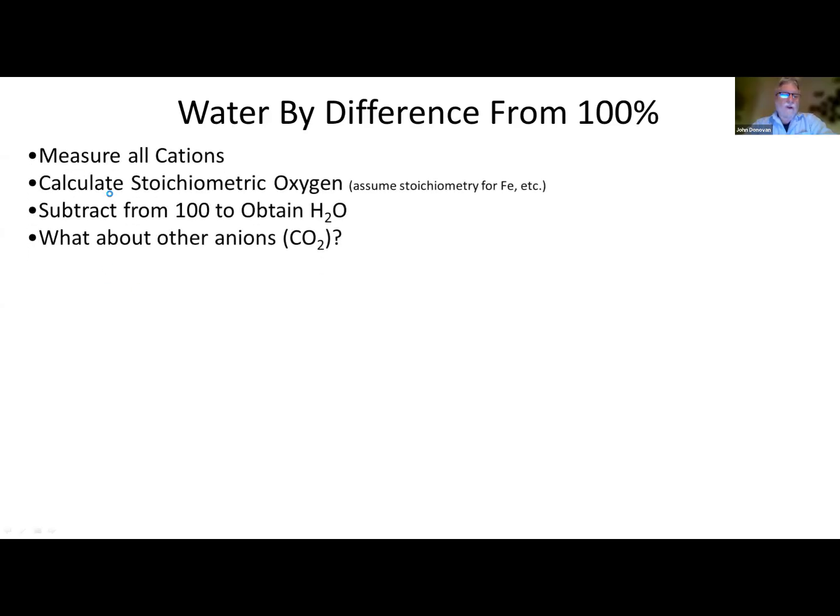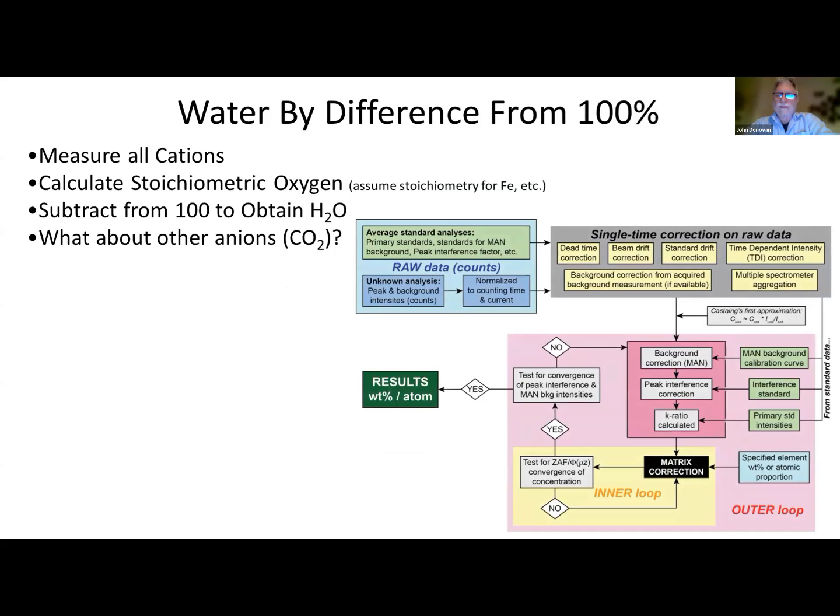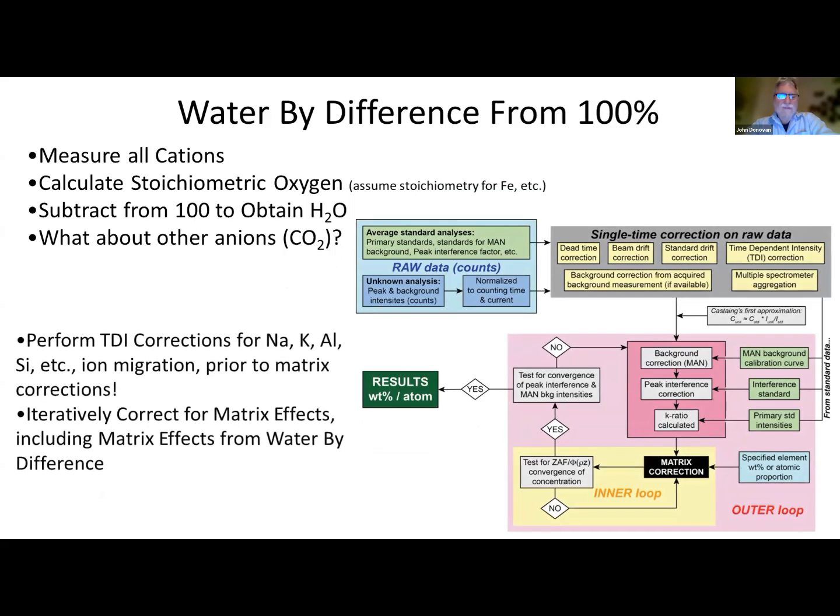So we're going to measure all our cations, calculate stoichiometric oxygen, and we have to assume a stoichiometry for iron. If it's a mineral, we might be able to do that by charge balance. And then we subtract from 100. And what about CO2? These are things that increase our uncertainty, but it's worth trying. And as I mentioned before, we want to perform these TDI corrections before the matrix correction, not after it. You'll see why in a moment.